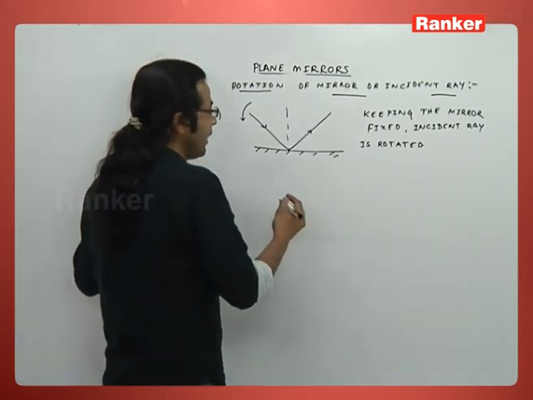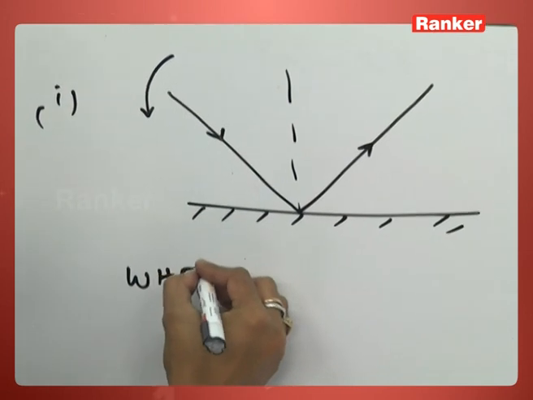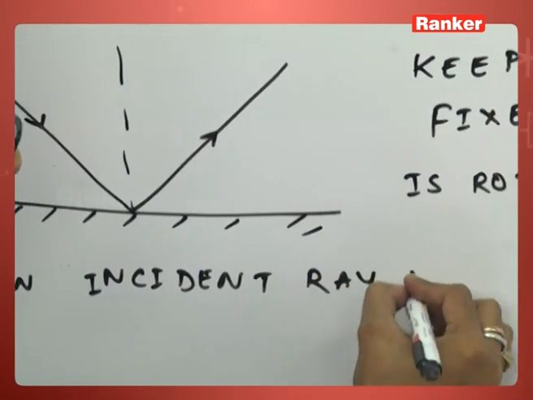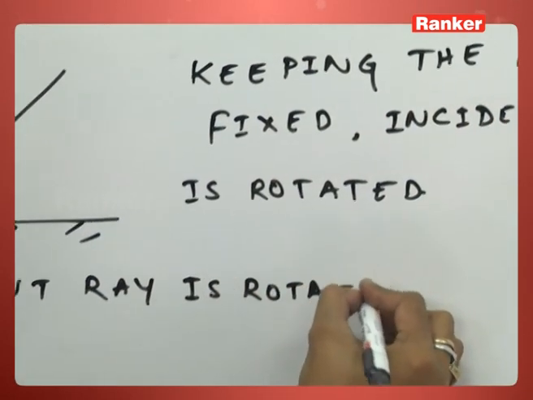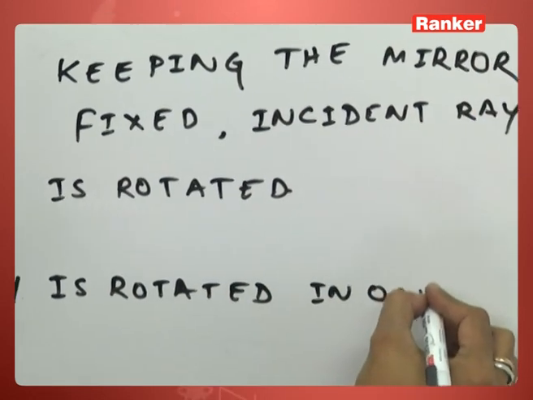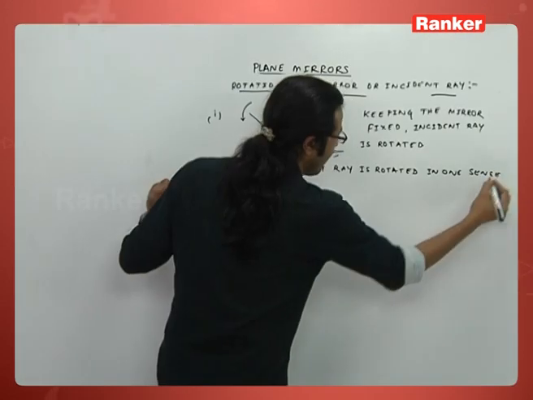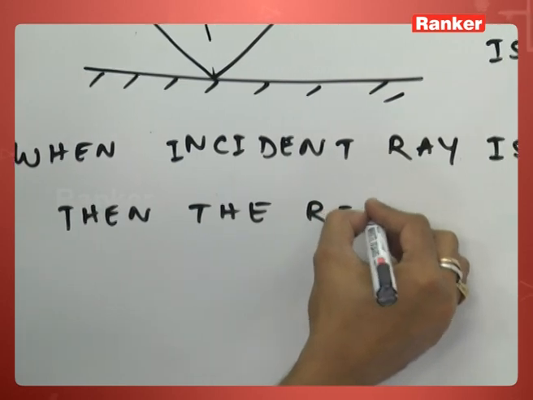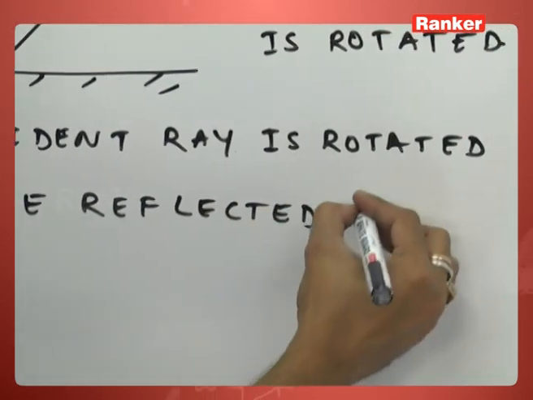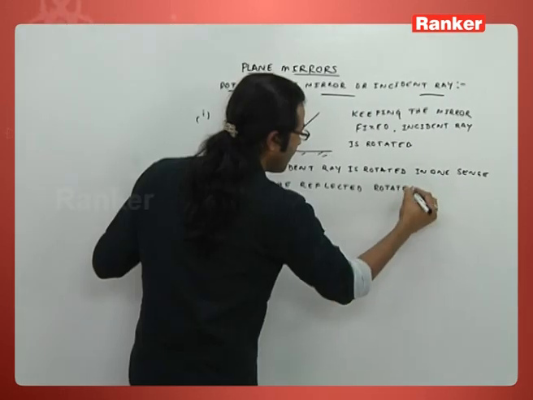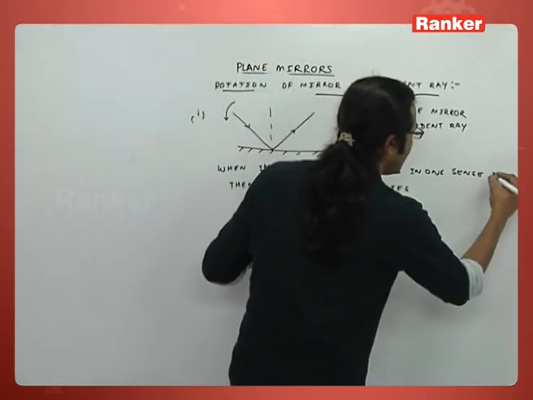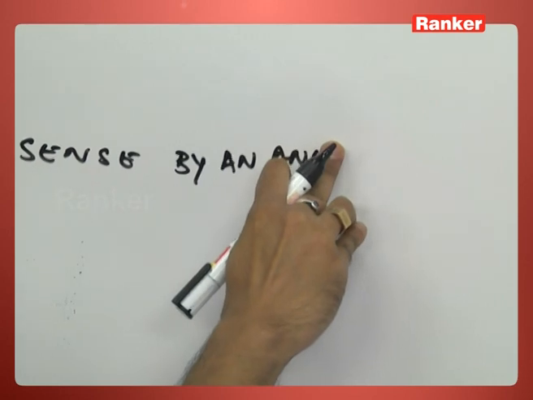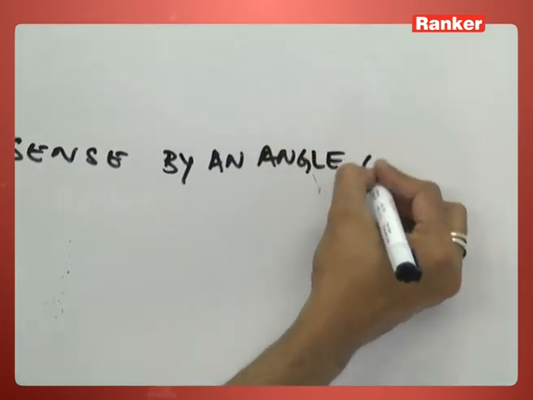Now when the incident ray is rotated in one sense, then the reflected ray rotates in one sense by an angle theta.